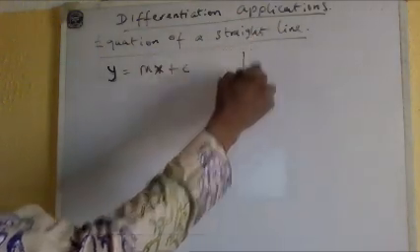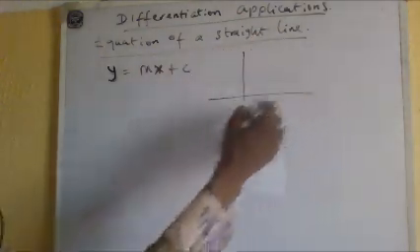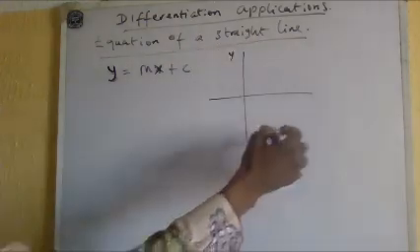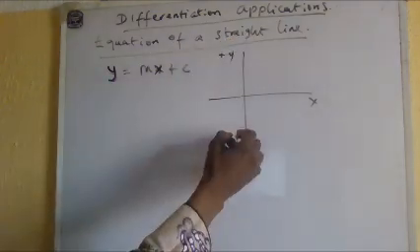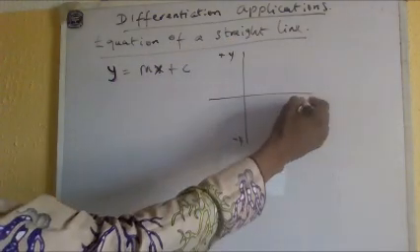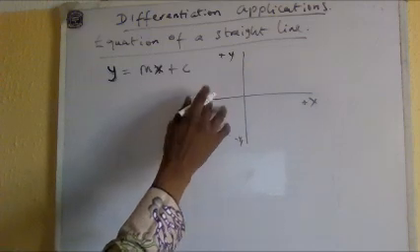So if we have the Cartesian plane like this, this is the y-axis and this is the x-axis. Of course, you have the positive y and the negative y, then the positive x and the negative x.